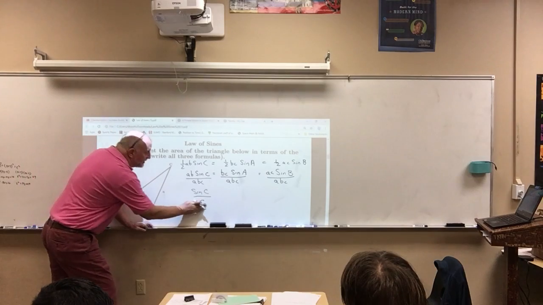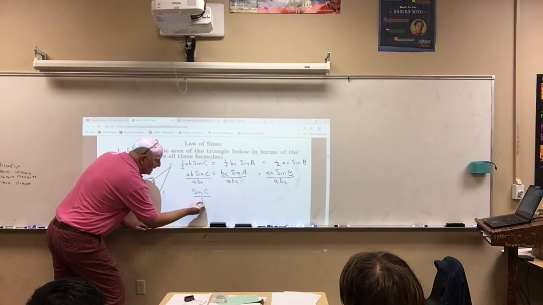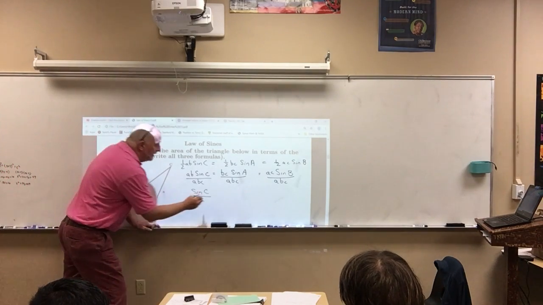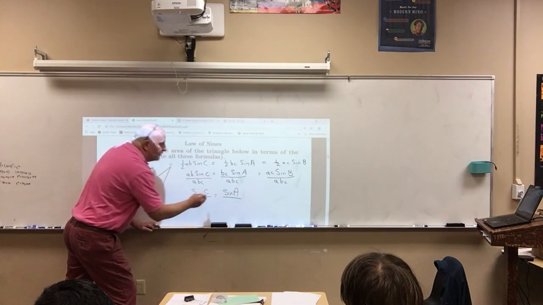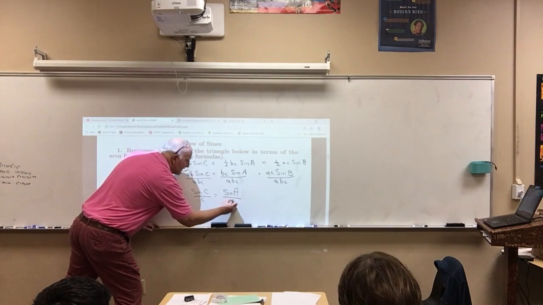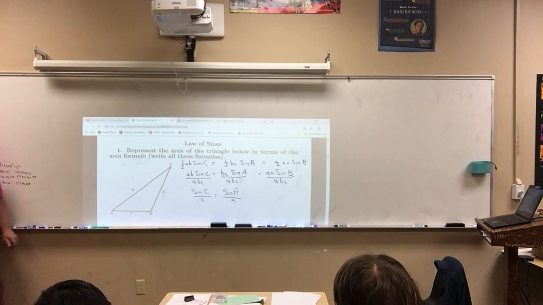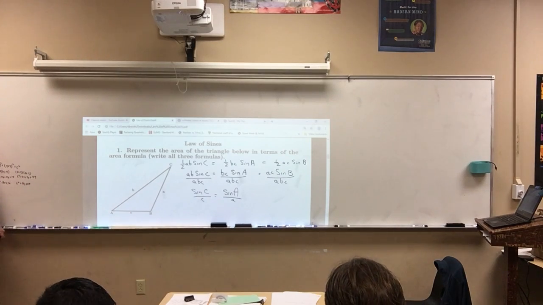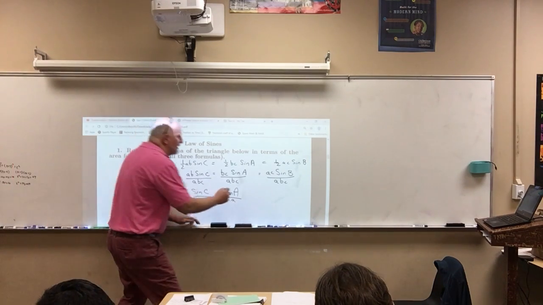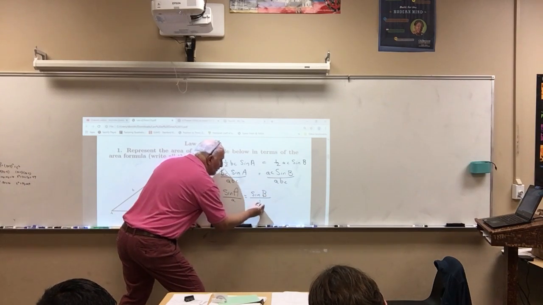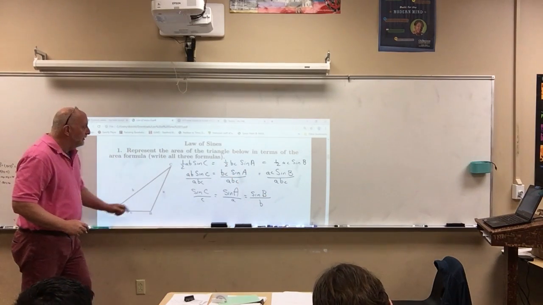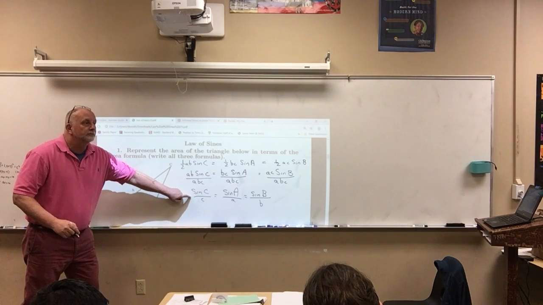I'm left with, so this is little c, this is the side length. And this would be sine of angle A over the side length A. And this will be the sine of B over B. This is the law of sines.